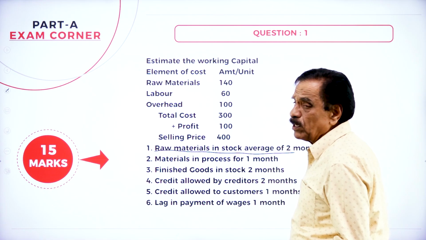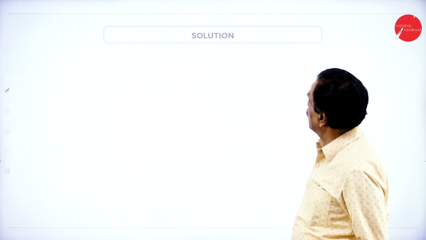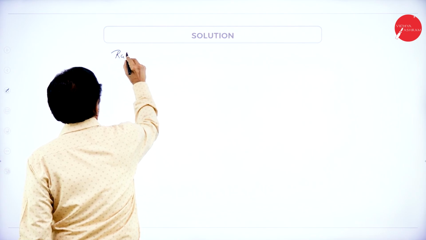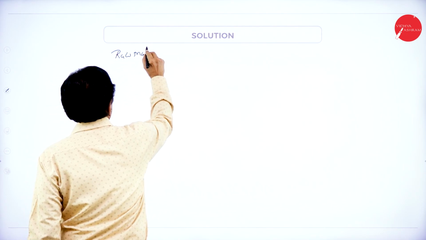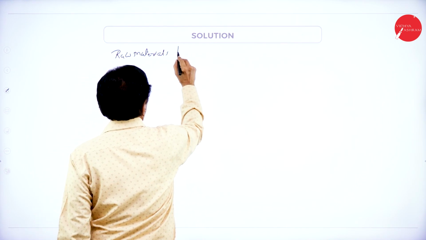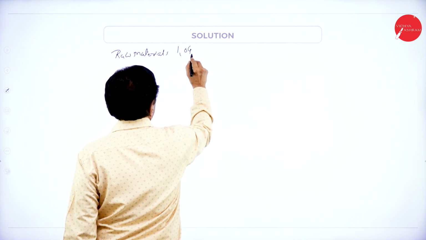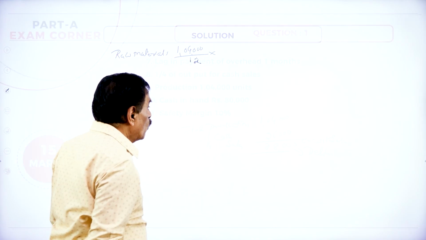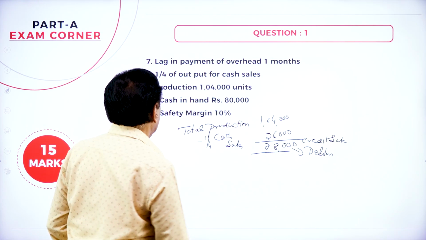So what's your production? 1,04,000 for 12 months. It is going to stay for how many months? 2 months.